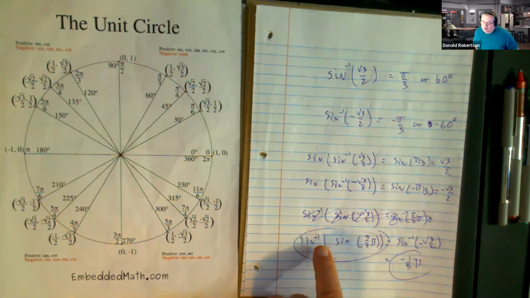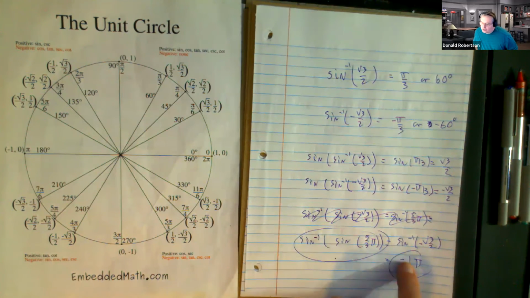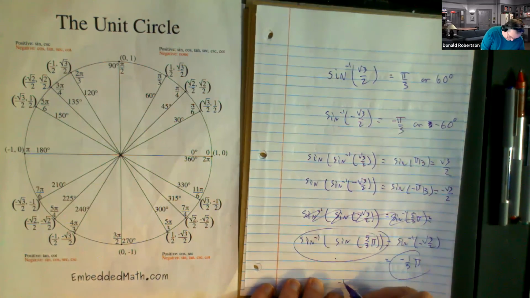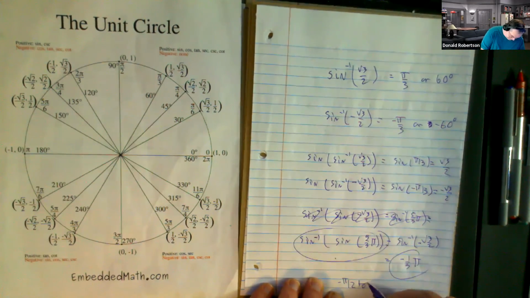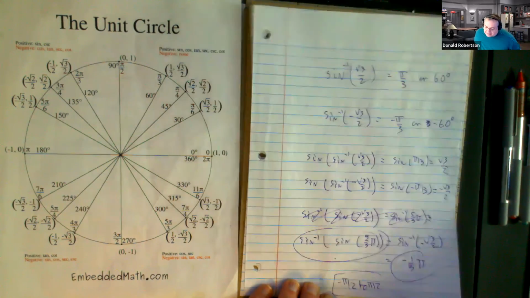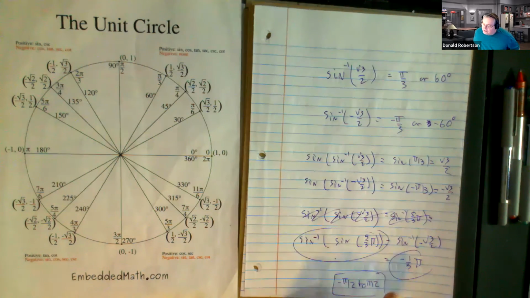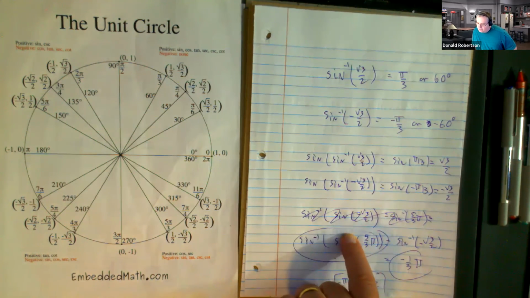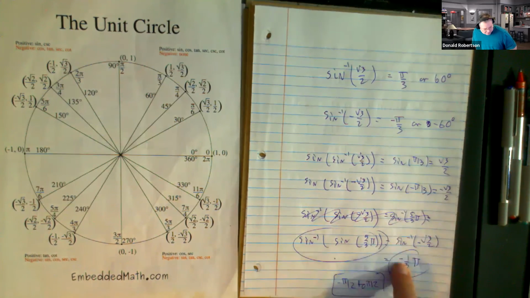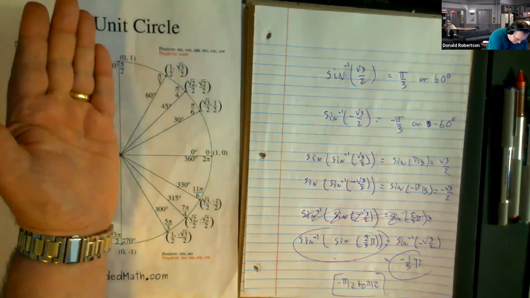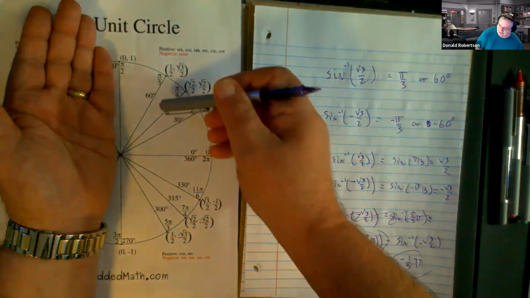Why? Because when you do an inverse sine, don't all the answers have to be in this range? And 5/3 pi isn't in this range. So it might be a good idea to do what I just did here. Do it in two separate goes. Find what that guy is equal to, and then remember that when you do the inverse sine, it's these two quadrants.